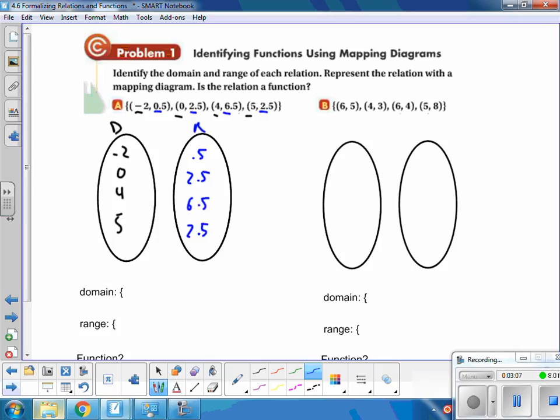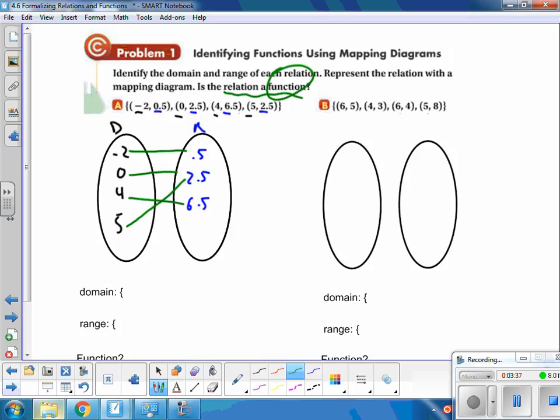Now my last thing is to determine if my relation is a function. Remember, the thing about a function is that each input has exactly one output. So -2 goes to 0.5, 0 goes to 2.5, and 4 goes to 6.5. In my range, I've already used 2.5 once, so I'm not going to write it again. I only write it once, and 5 then goes to 2.5 again.